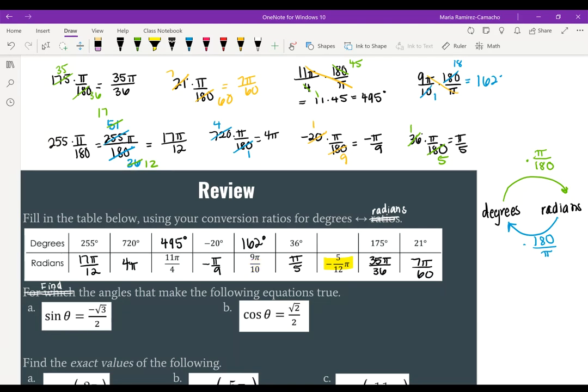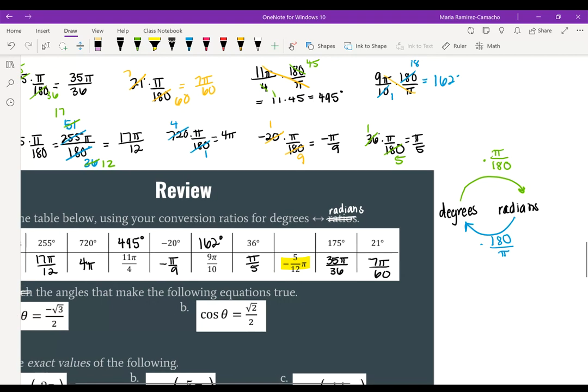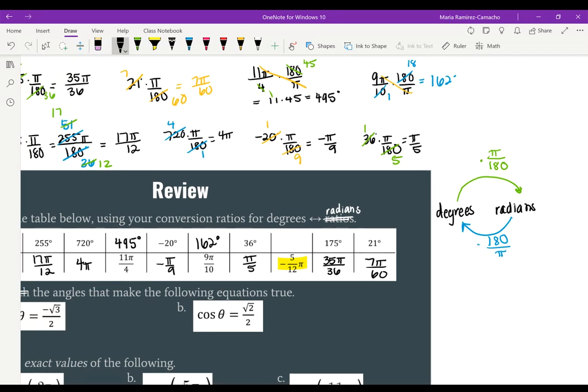Last but not least, we've got negative 5 over 12 pi. I'm going to write it as negative 5 pi over 12. That's what that means when the pi's on the side of the fraction. Times 180 over pi.